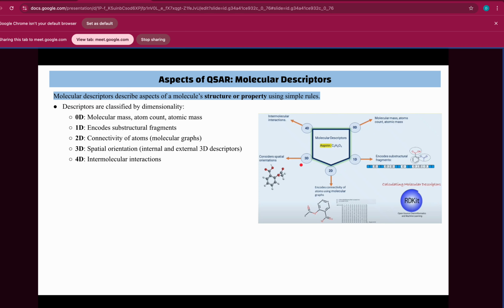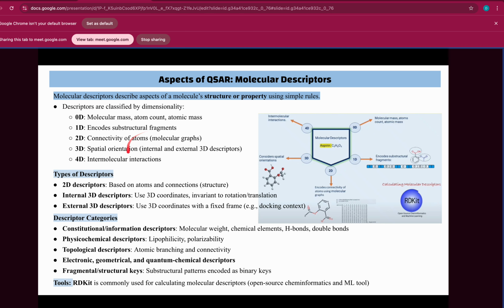Then comes 3D molecular descriptors, which tell you spatial orientations, and these 3D descriptors can be categorized into internal 3D descriptors versus external 3D descriptors. Internal means those which are invariant to rotations or translations. So even if you bring about certain rotation in this 3-dimensional structure, that is not considered in internal 3D descriptors. It considers the entire 3-dimensional structure to be rigid.